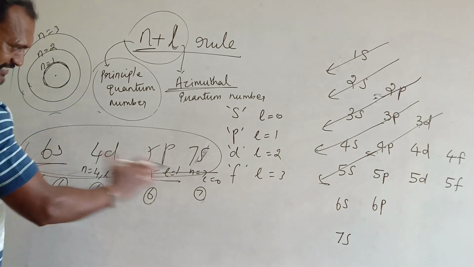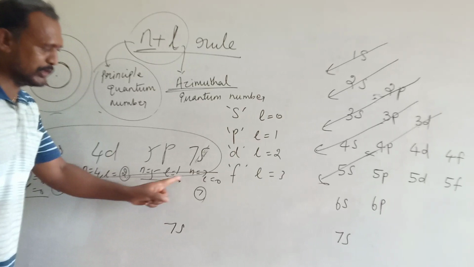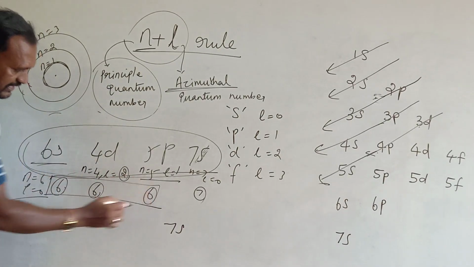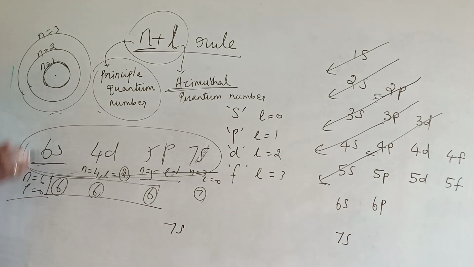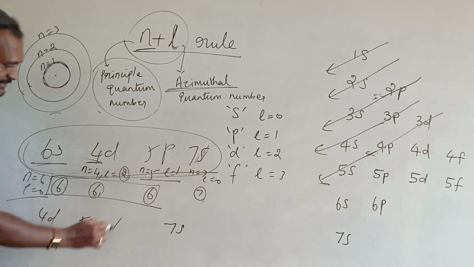Okay, arrange it in the increasing order of energy. Which is having the highest energy? 7s, isn't it? Because its n plus l value is 7. Then these three orbitals are having equal n plus l value. So we should know which is having the least n value. Here 6, 4, 5. Okay, 4. So 4d is lesser energy, and then 5, and then 6.